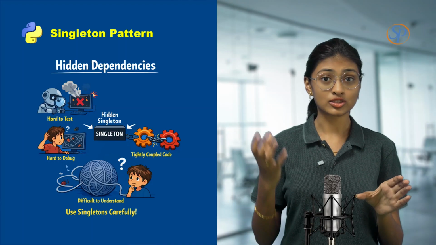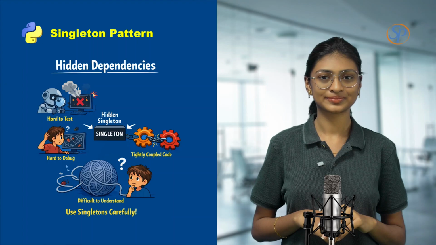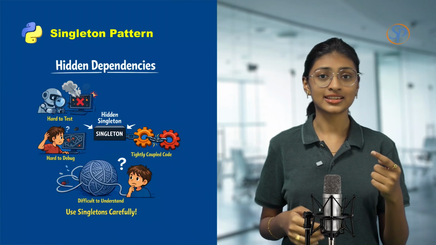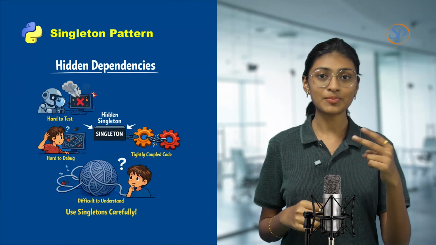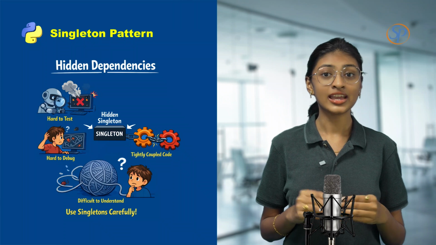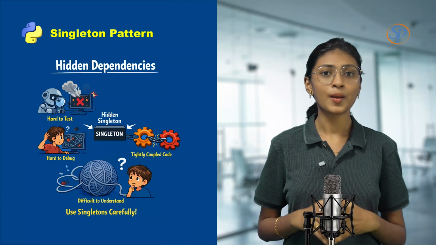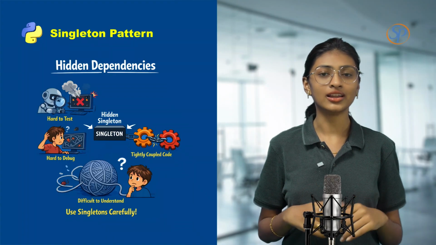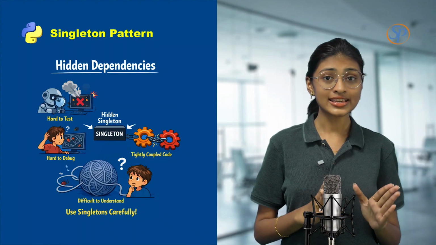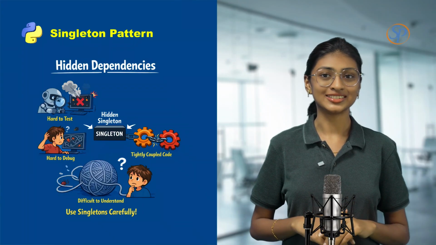Code that depends on a singleton does not clearly show it. This creates problems in testing, debugging, understanding the system. In large systems, excessive use of singletons makes code tightly coupled and hard to change. Singleton should be used carefully, not automatically.